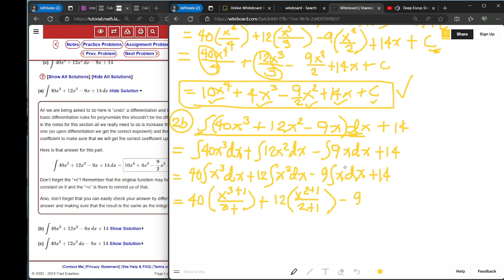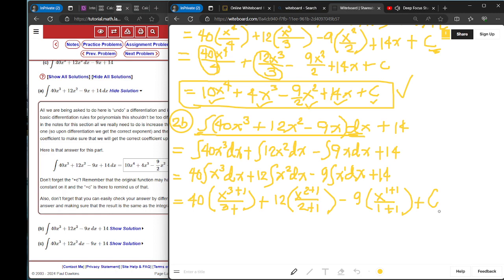Again, it is always understood that x has a power of 1, so that is x to the 1 plus 1 over 1 plus 1.